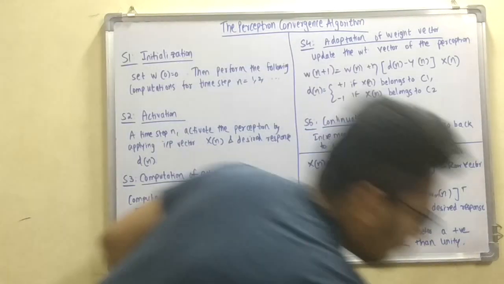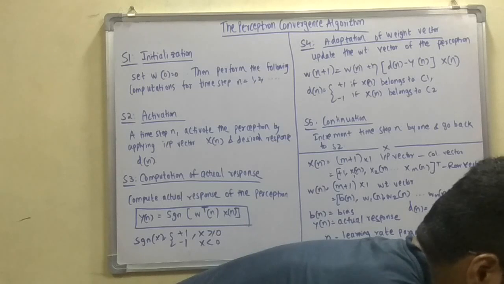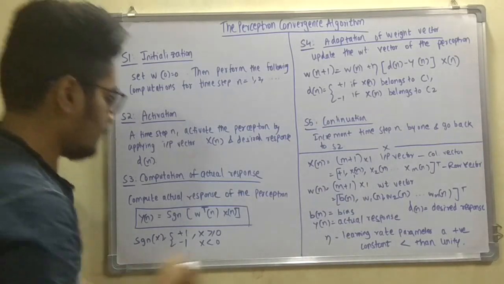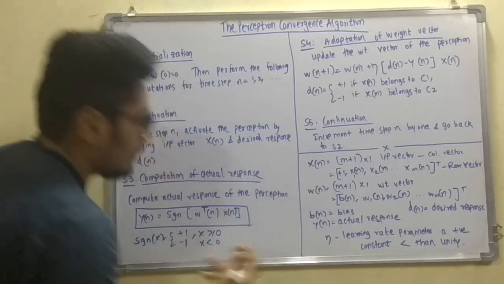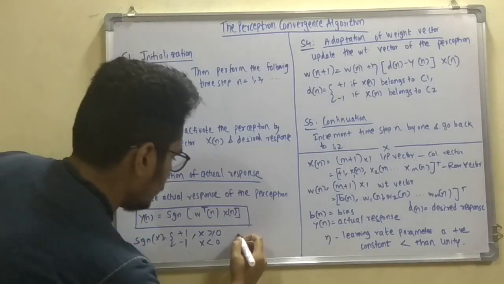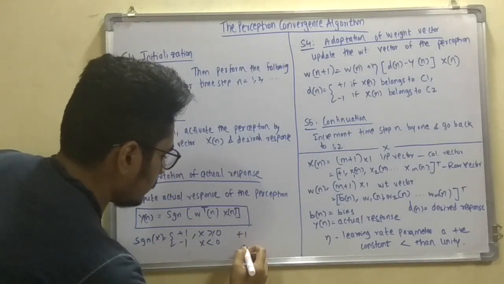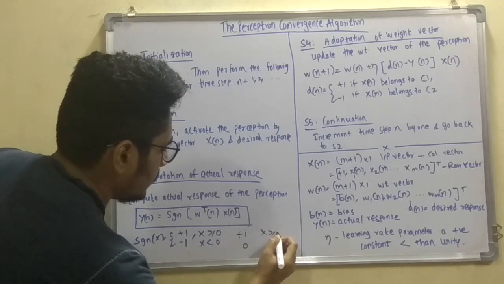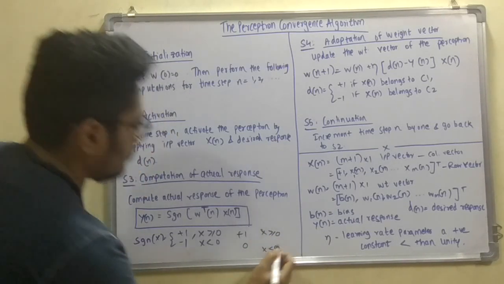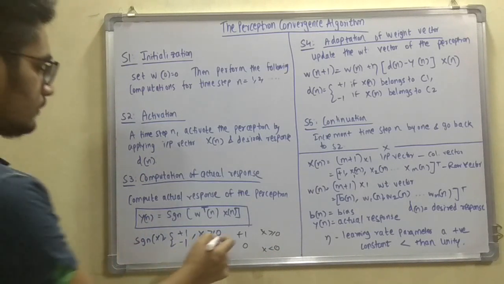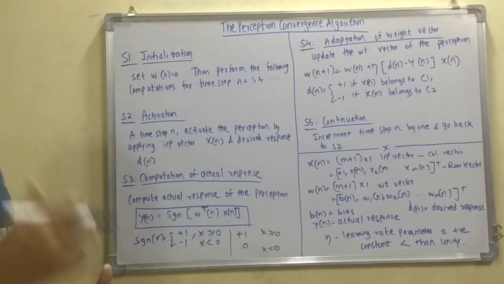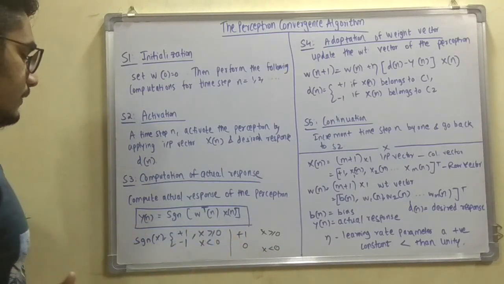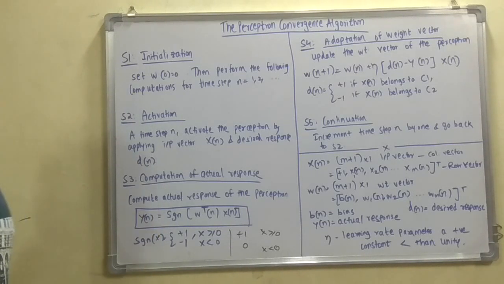This is similar to the Heaviside function, which is 1 for x greater than 0 and 0 for x less than 0. These are the two things which differentiate the Heaviside function and the signum function.